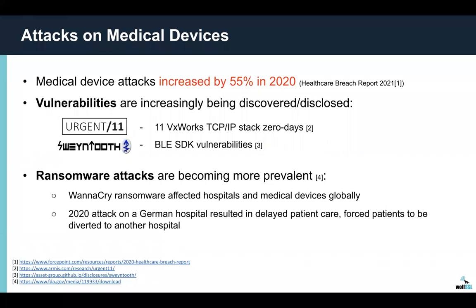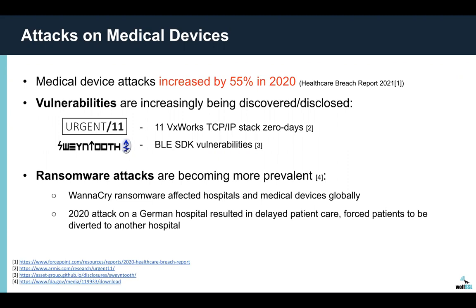Another vulnerability was SweynTooth. This was a Bluetooth SDK stack vulnerability, and so this was also found in medical devices. So just showing us, these vulnerabilities are becoming at least reported more prevalently, and becoming more public as well.